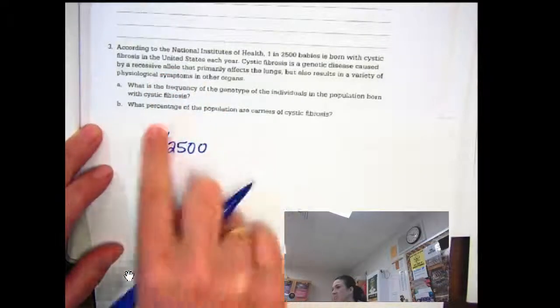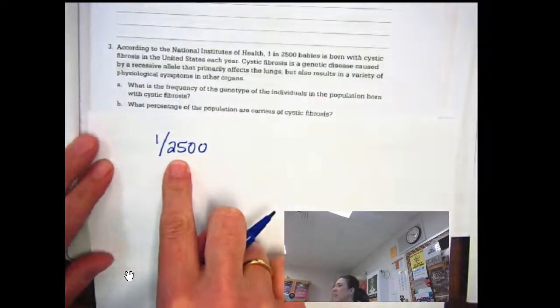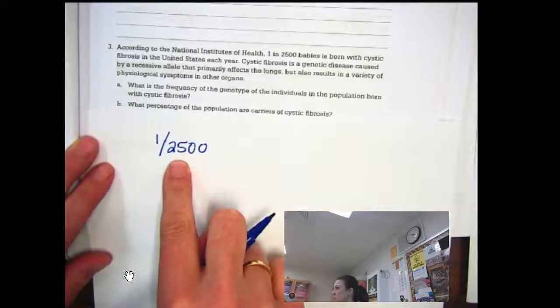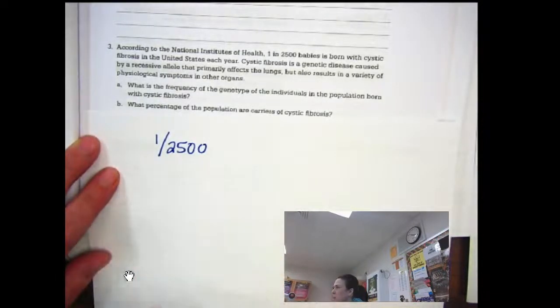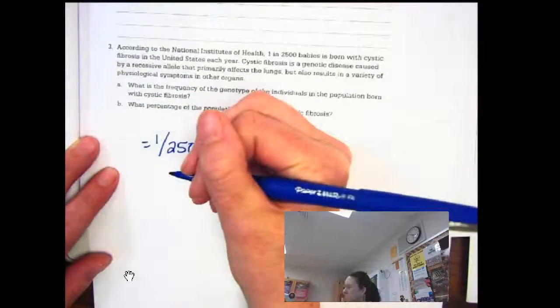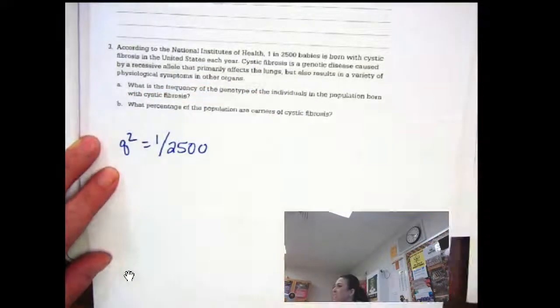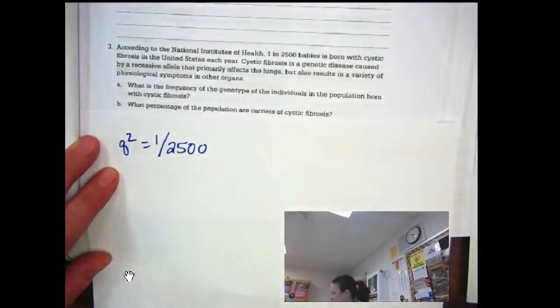So is this an allele frequency or a phenotypic frequency? It's a phenotype, because we're talking about babies who have phenotypes. So is that Q squared, 2PQ, or P squared? Q squared, because it told me it was a recessive disease.